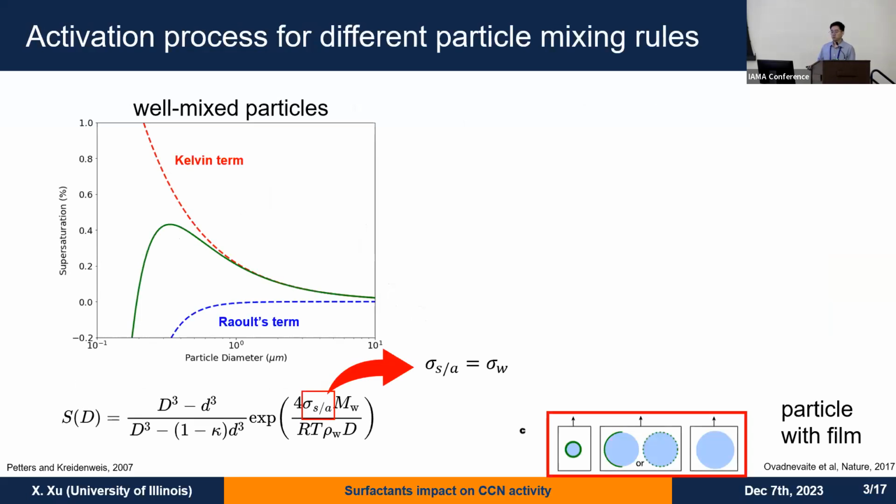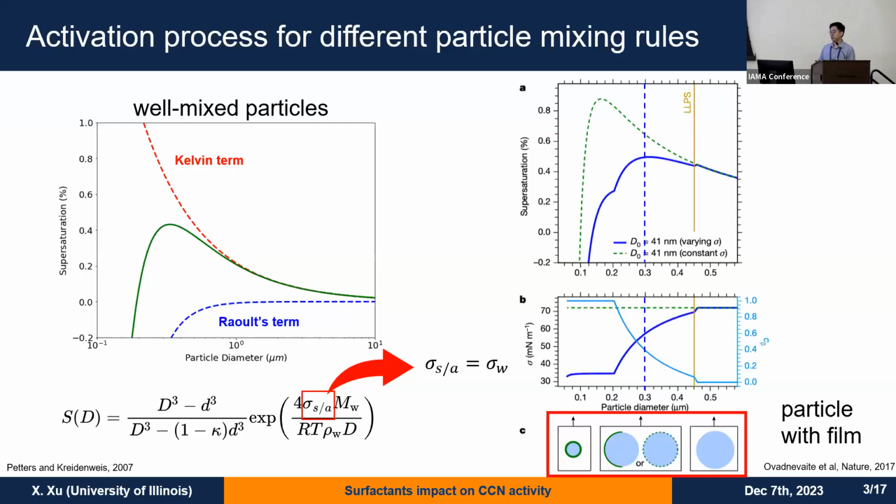So there's a recent work that considers the surfactants as a film on the aerosol particles, and it re-evaluated the Köhler curve, and we can see that there's a dramatic decrease in the critical supersaturation.